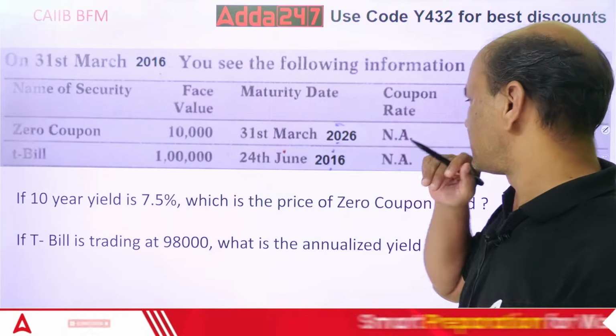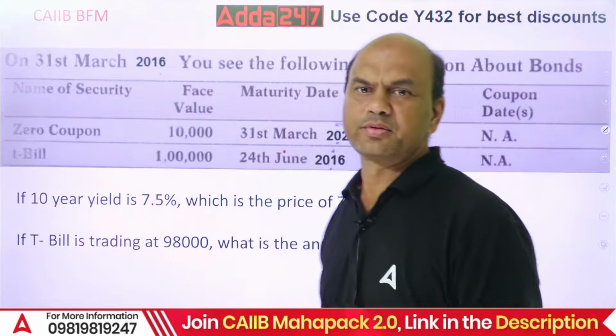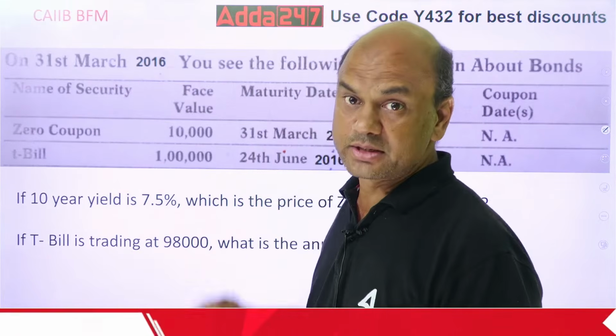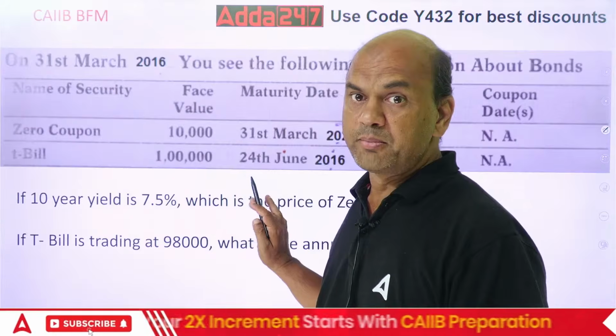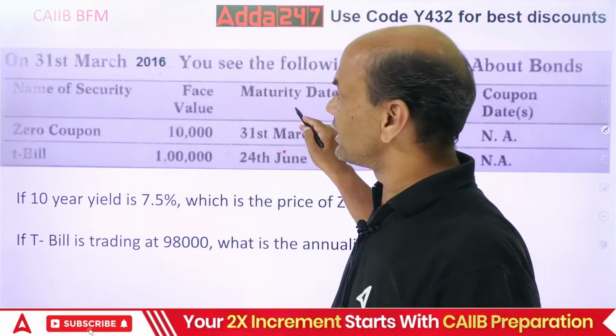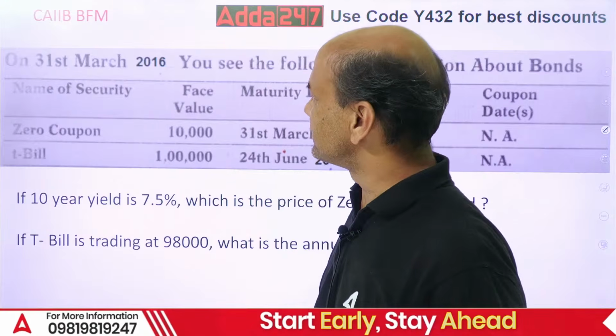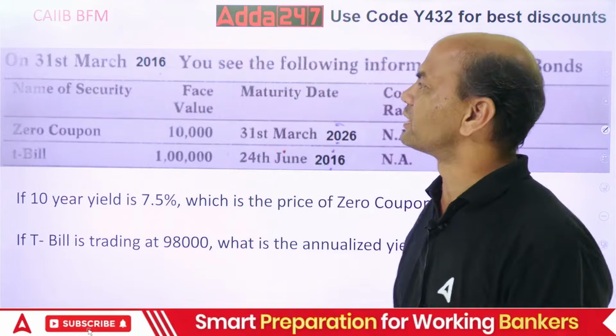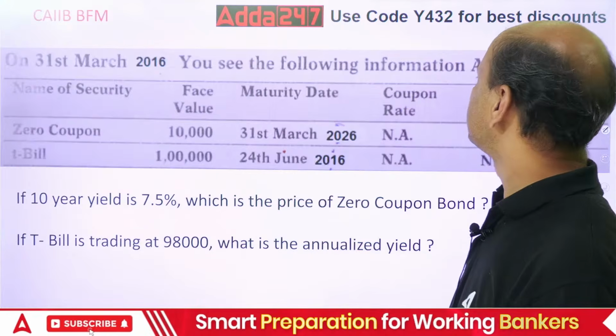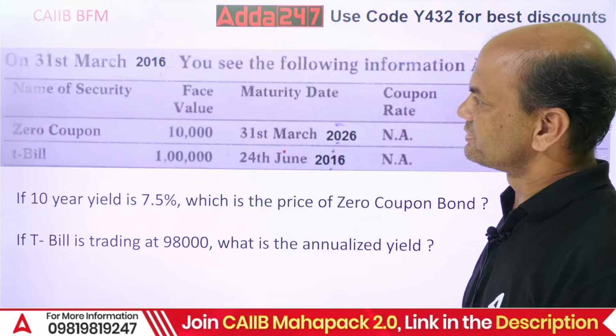This is a tough numerical. Very tough. Let's solve this. Because you won't get both in the exam, but one of them you will get in the exam. See what is given? On 31st March 2016, you see the following information about the bonds.